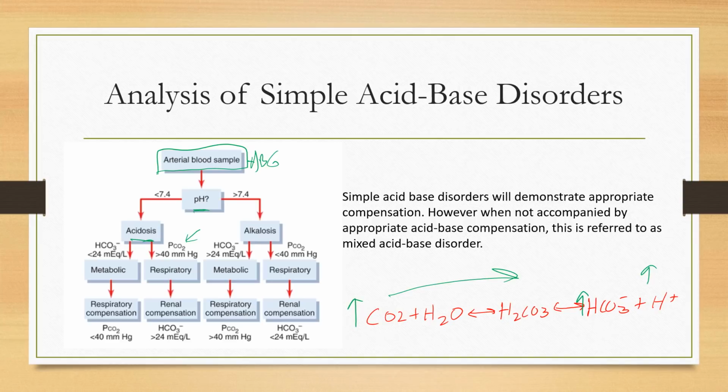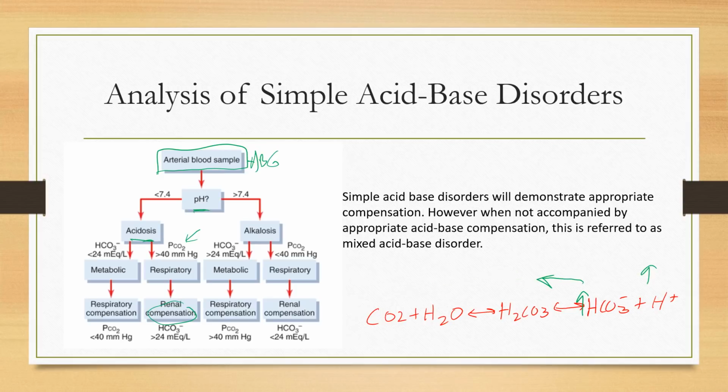Remember, the kidney should start to reabsorb and produce new bicarb in order to help shift the equation back again, to drop that free proton level to compensate and recover. So this is the renal compensation. If you see somebody's acidotic, with an elevated PCO2 and an elevated bicarb, then that suggests this is a respiratory acidosis.